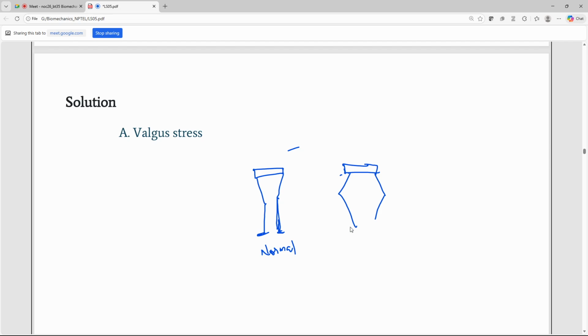So in this position, the knee is kind of coming to the lateral side, which is known as varus position, varus alignment. Similarly, when the two knees are coming closer to each other, that alignment is known as valgus.